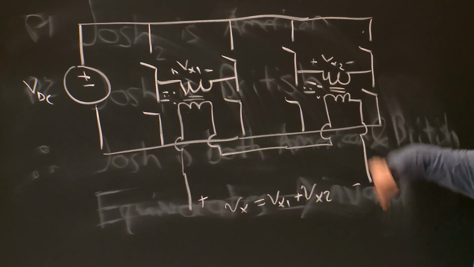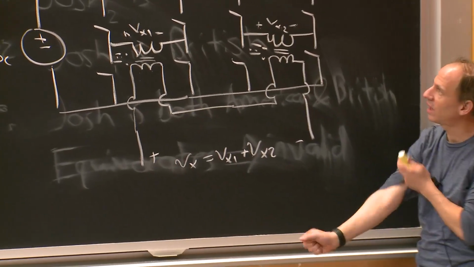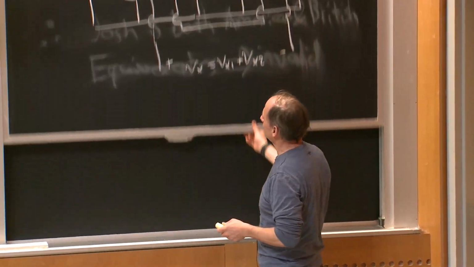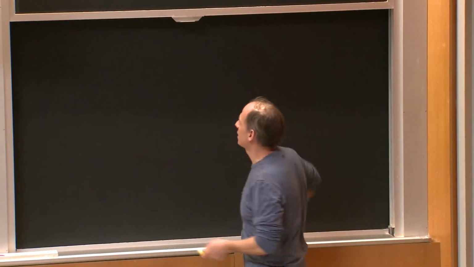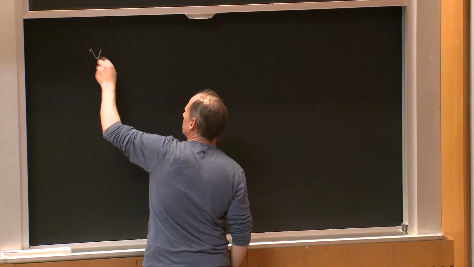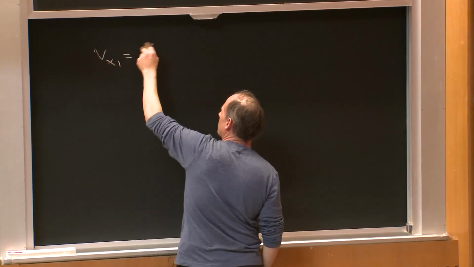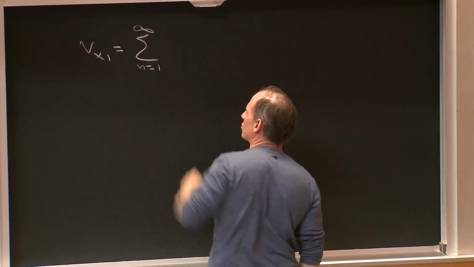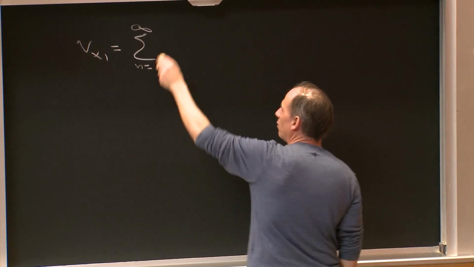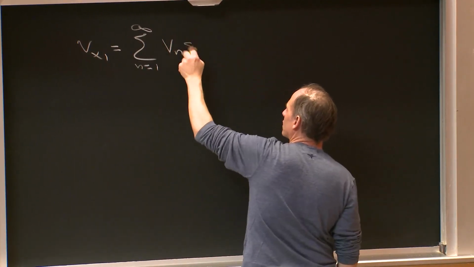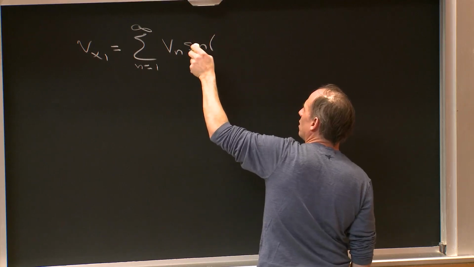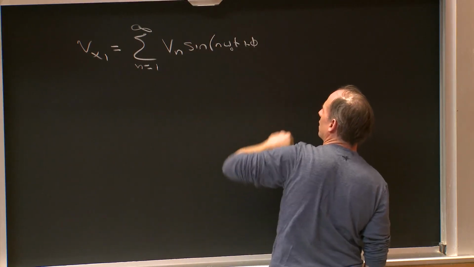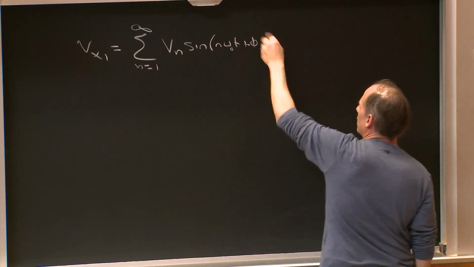So what is the content if I say Vx1 is equal to the summation of n equals 1 to infinity, let's assume I'm just doing odd waveforms, of V sub n sine n omega naught t plus phi sub n.